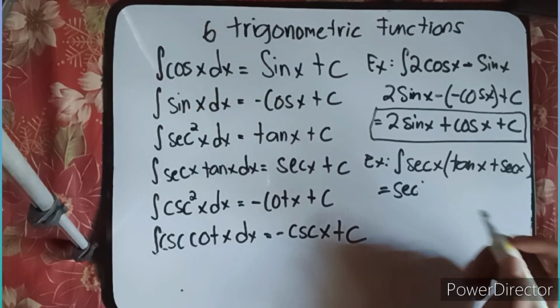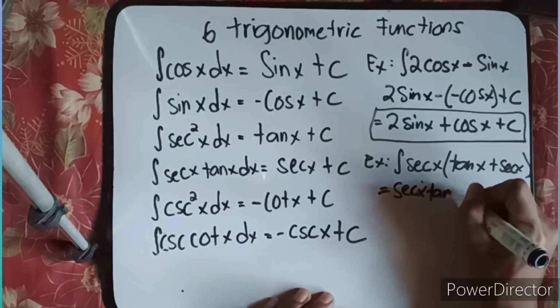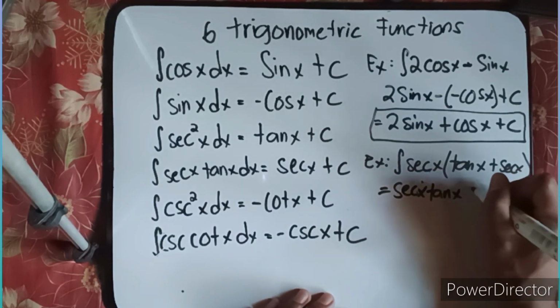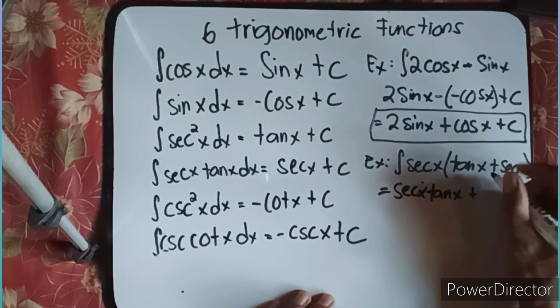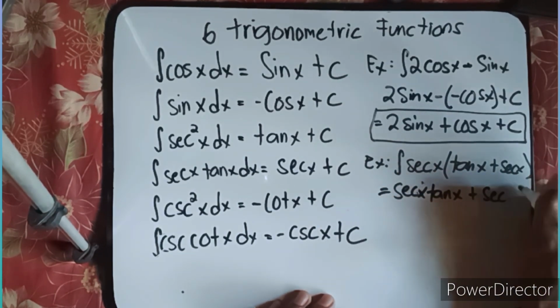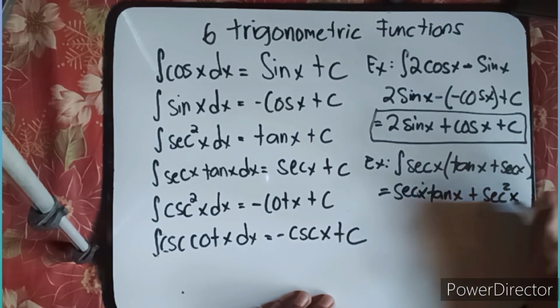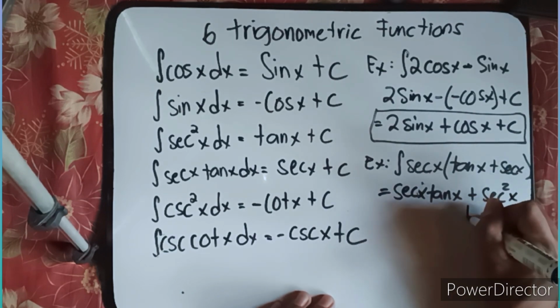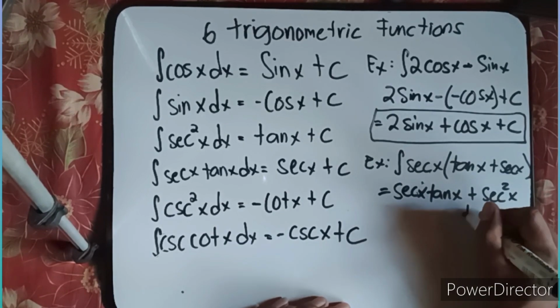So we get secant x tangent x plus secant x times secant x, which is secant squared x, dx.